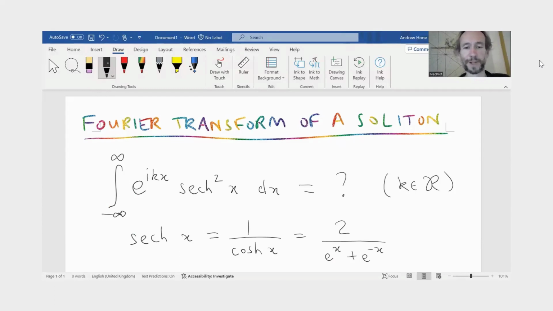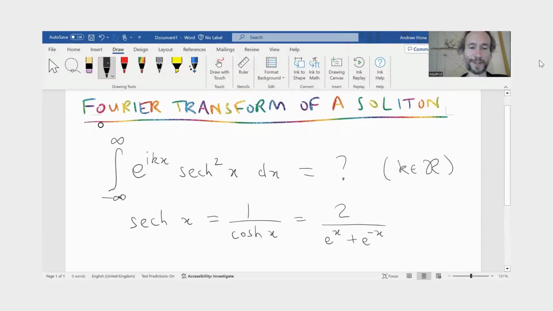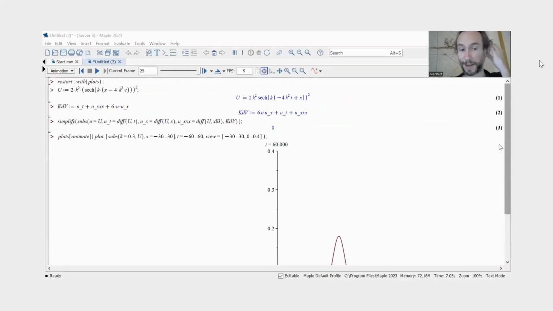Now, the function sech-squared is a function that's very dear to my heart because it's the solution of a very nice PDE called the Korteweg-de Vries, or KdV equation, which is an equation that describes long waves on a shallow canal. So let me show you a little animation. So I'll tell you about the equation in a minute.